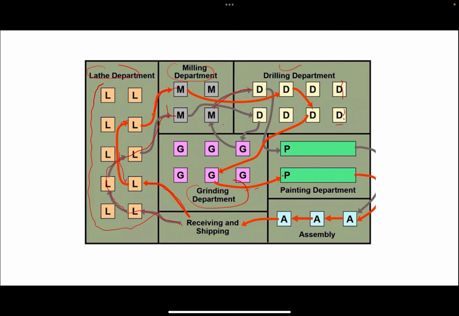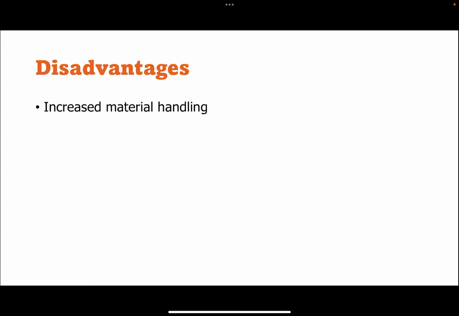But the problem is that there is a lot of movement of material between these departments. So this cannot be used to manufacture a product in large quantities. But these are very flexible. That means you can manufacture a variety of products. So the disadvantages are increased material handling.